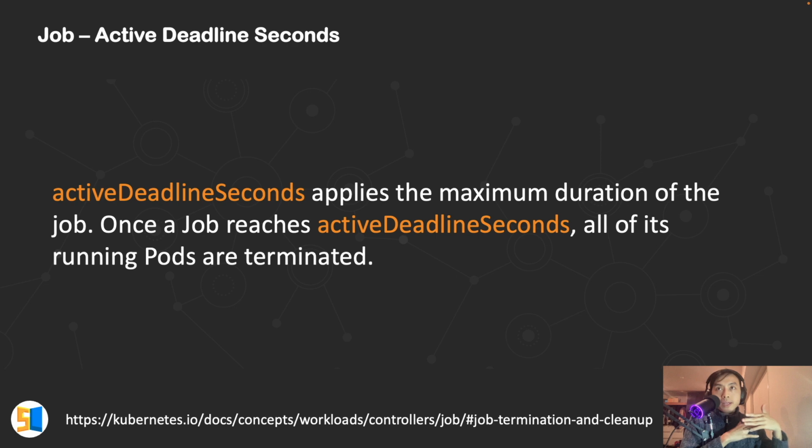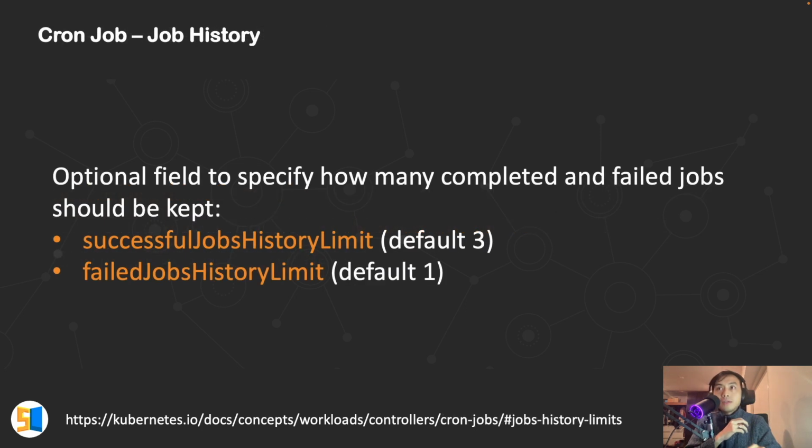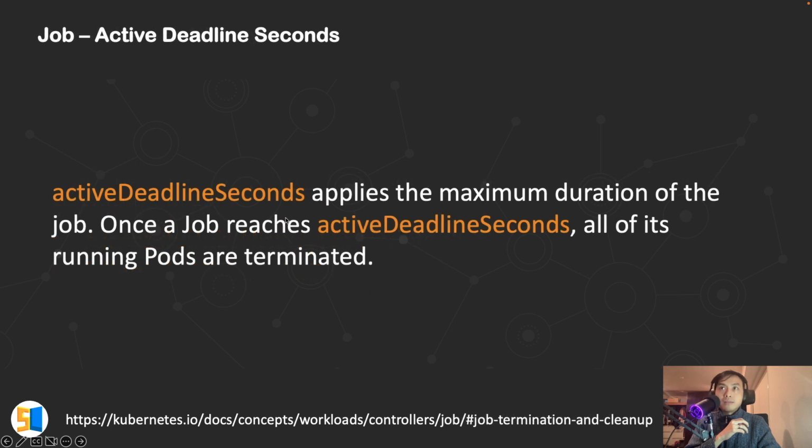So if the job exceeds the deadline that we set, it will terminate the pod. This one will directly terminate the pod. So even though, let's say you set this configuration to 1 or 2, if the job exceeds this deadline, it will terminate the job.